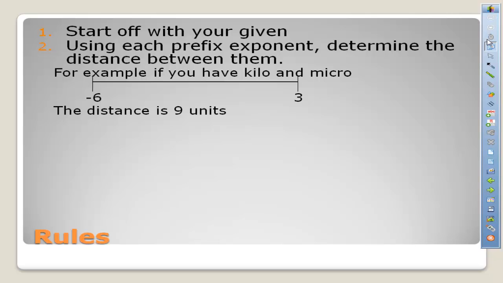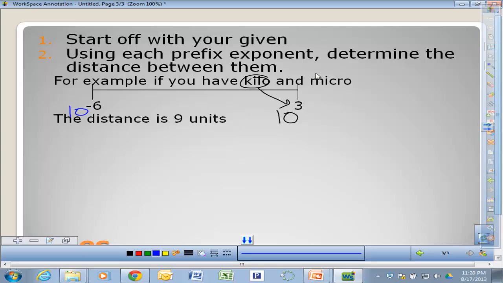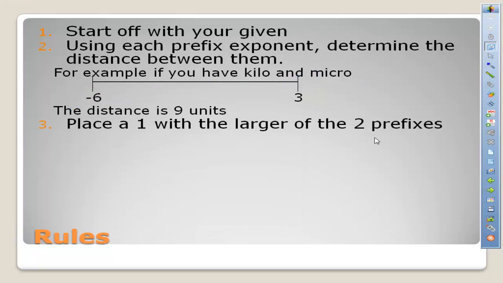And what I did there, just letting you know, is I used the exponents. Kilo is 10 to the third, and here we have 10 to the negative sixth. That's micro. So I'm using the exponents to set up this number line. Number 3, we're going to place a 1 with the larger of the two prefixes.